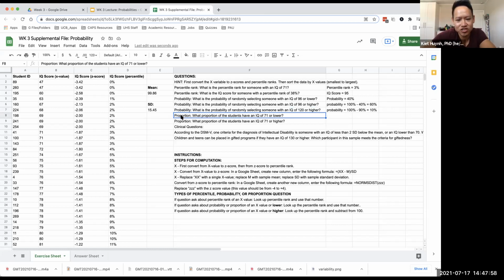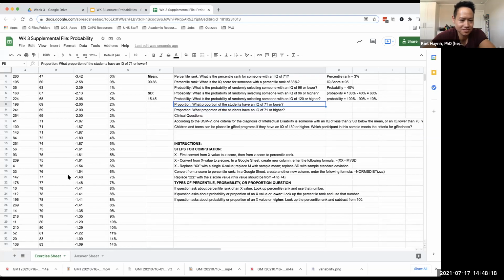All right, we have a proportion question. What proportion of the students have an IQ score of 71 or lower? Again, this question is about probability or proportion. If it's a question about lower, then you just look at the percentile rank and use that number. So I look up IQ 71.